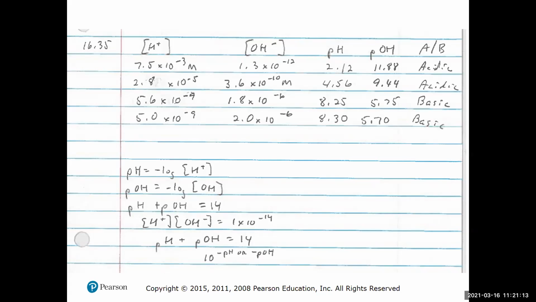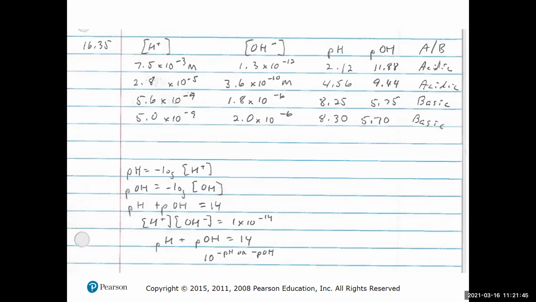And we also know that pH plus pOH is going to equal 14. And then the final thing is that the water dissociation constant, hydrogen ion concentration times hydroxide ion concentration, equals 1 times 10 to the minus 14. So using some combination of these relationships, you can fill out the pieces in the table.